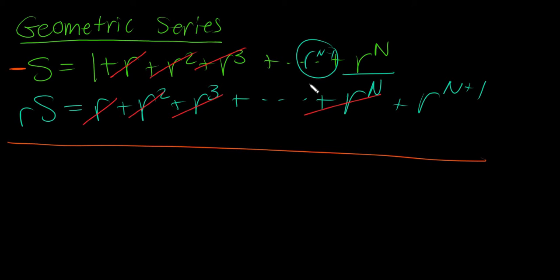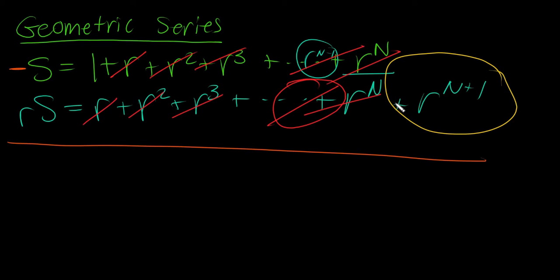R to the n is going to cancel with r to the n, and the r to the n minus 1 here is going to cancel with this one. What you're left with are these two terms: r to the n plus 1 and a negative 1, since I'm subtracting. So in summary, rs minus s is equal to r to the capital N plus 1 minus 1.